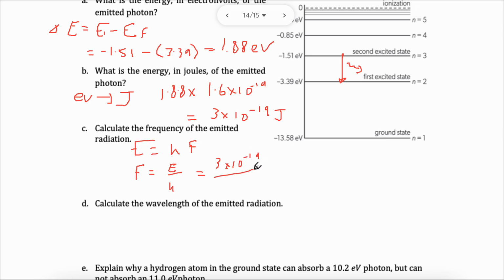And I'm going to divide that by h, 6.63 times 10 to the minus 34. So let's get that into our calculator and see what the answer will be. I've got my answer written, so we'll divide that by 6.63 times 10 to the minus 34. And I will get 4.534. Why is this not working?